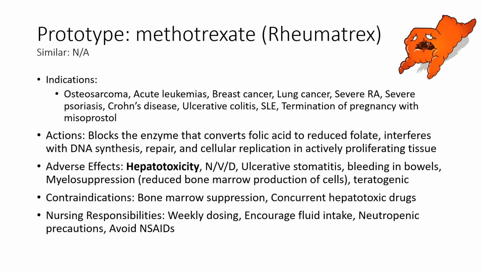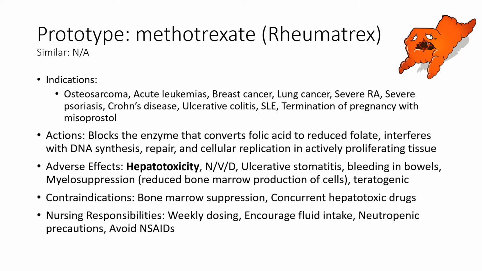And what are the big side effects with methotrexate? Well, with chemotherapy, it's going to start to get old because you're going to hear the nausea, vomiting, diarrhea. That's the gastrointestinal tract that has rapidly dividing cells. They're all shedding and dying. Stomatitis with ulcers in your mouth. You can have bleeding in your bowels because of all the inflammation and tissue breakdown.